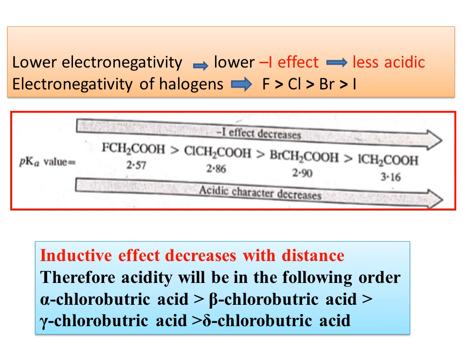That is, if the chain length increases, automatically the inductive effect decreases. If the minus effect decreases, the acidity also decreases. For example, the acidity of the following chlorobutyric acids decreases in the following manner.